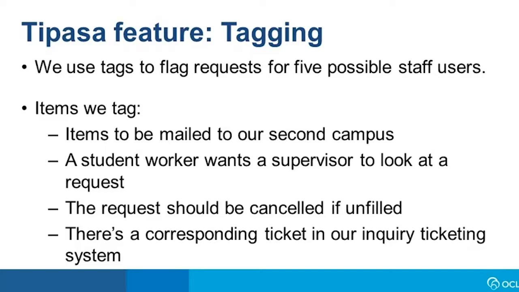And also we have an inquiry ticketing system, and so if there's a corresponding ticket for a request, we have a tag for that. And so those are just some examples of the way we are using tags at Augsburg.